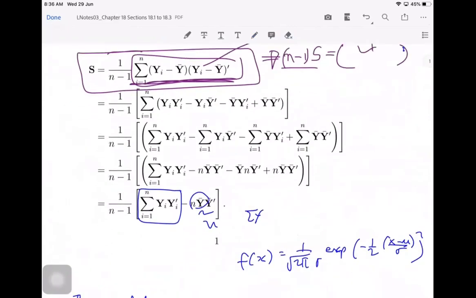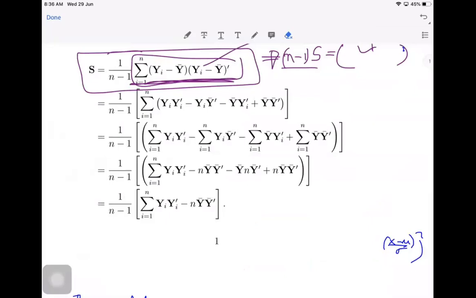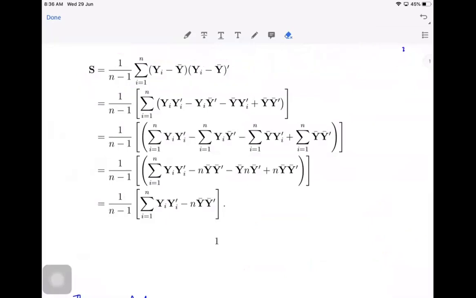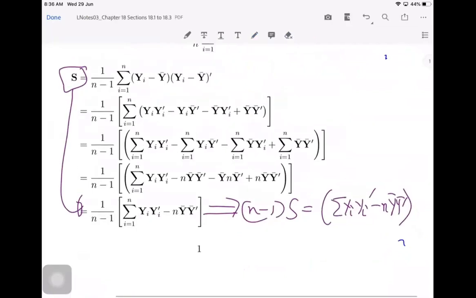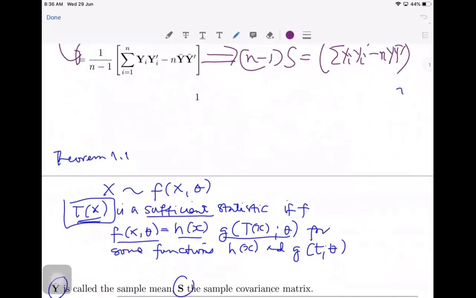Okay, here. Because we have shown that this one is equal to this. This implies that n minus 1 S is the summation of y_i prime minus y bar prime. So it lacks a summation on the first term.